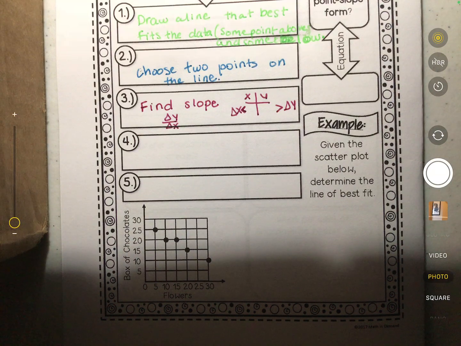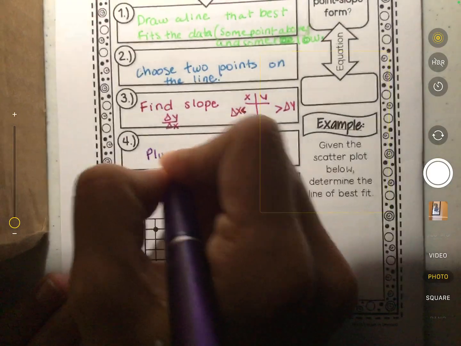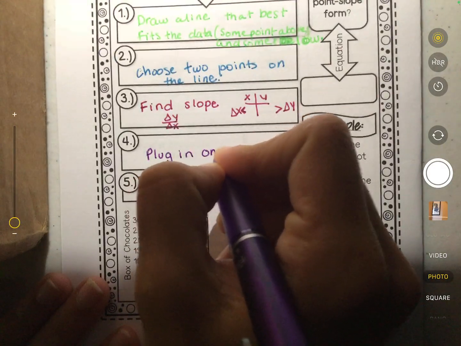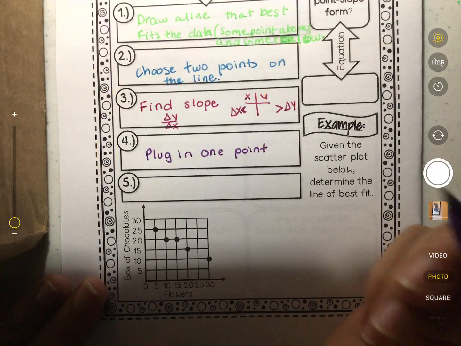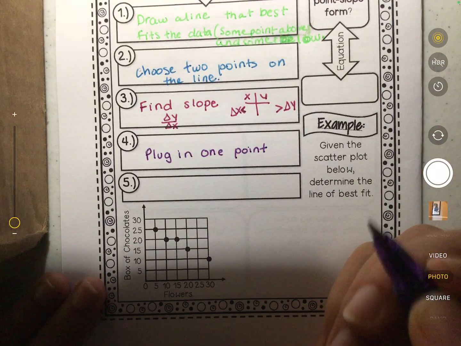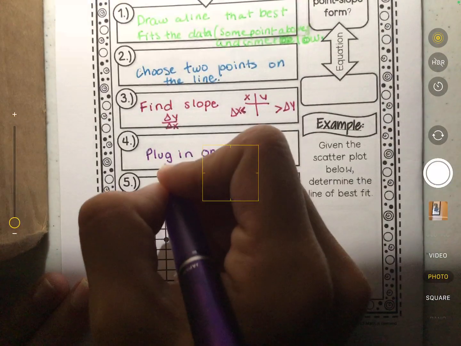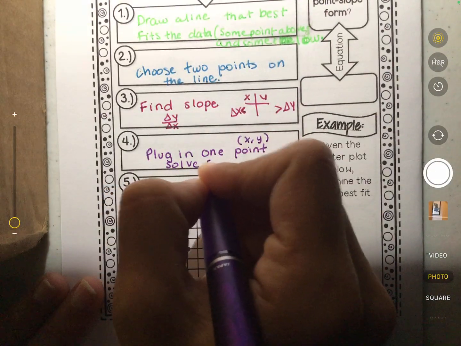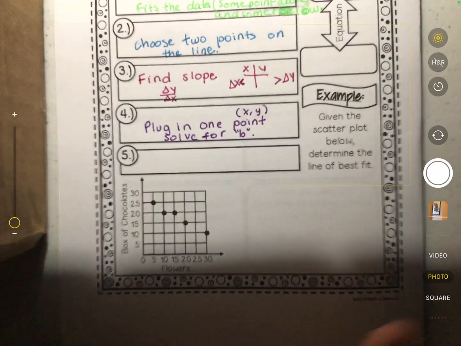And then the last thing we're going to do is plug in a point and solve for B. And I guess there is one more step.